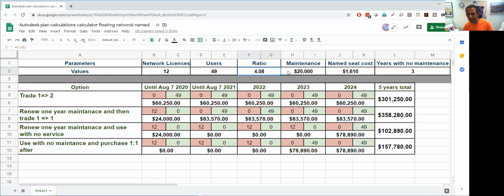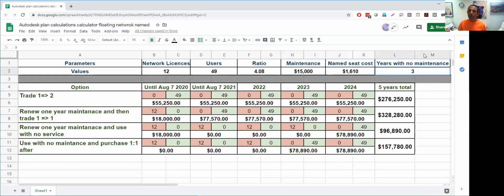We put an assumption here about the maintenance cost. That's too high. Let me put this number. I think it's more relevant. And for the cost of the seat, I took this cost, which is the cost of an Autodesk license online. Now, this parameter I need to explain.